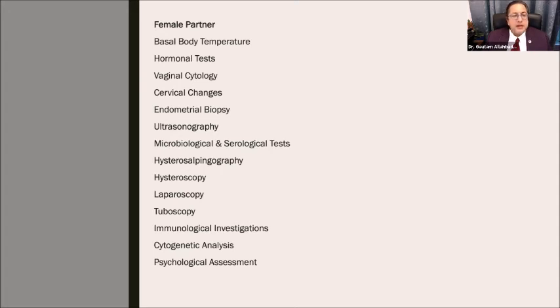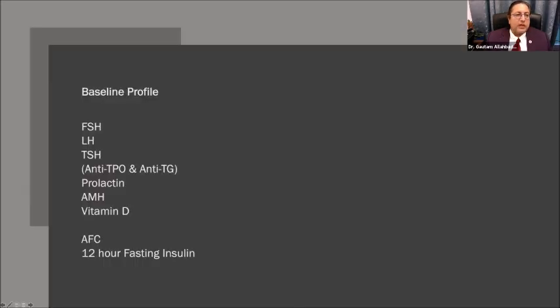A female partner again has a string of tests, but as I have told you, essentially you need to find out if the tube is okay, the eggs are okay and the uterus is all right. So out of all these tests, we will tell you what we think is really important. Again, repeating: FSH, LH, TSH with anti-thyroid antibodies, the prolactin, anti-Mullerian hormone.